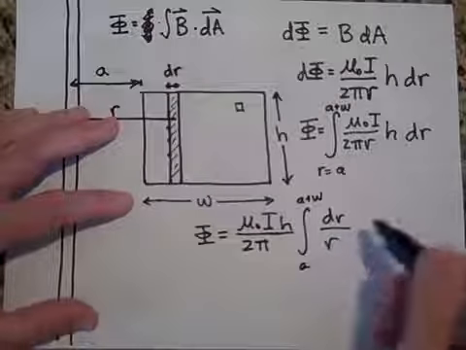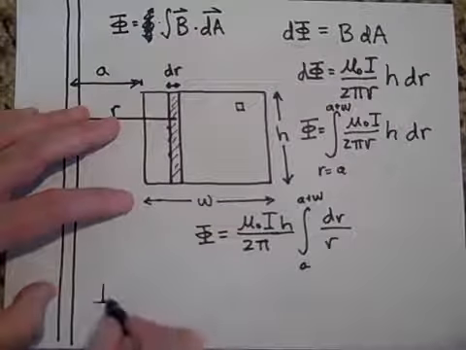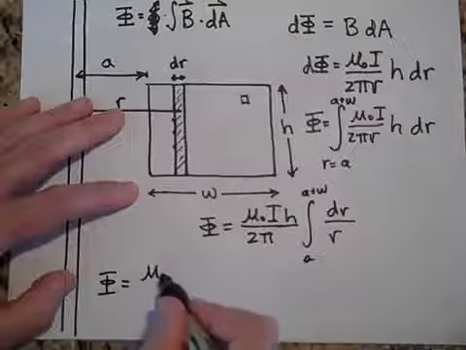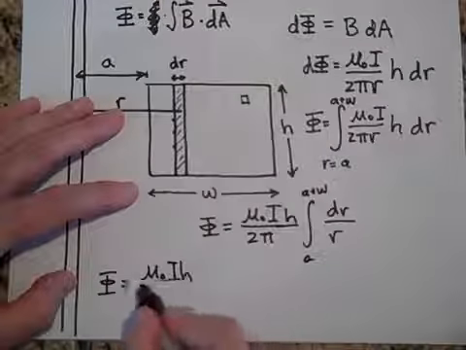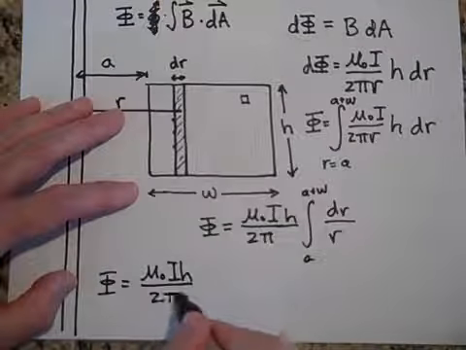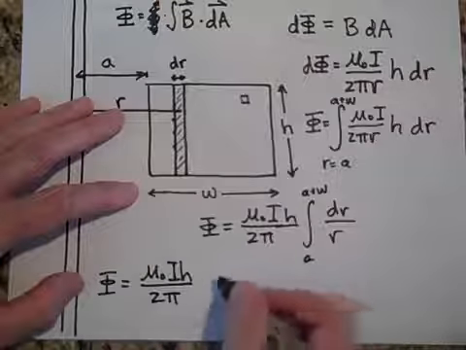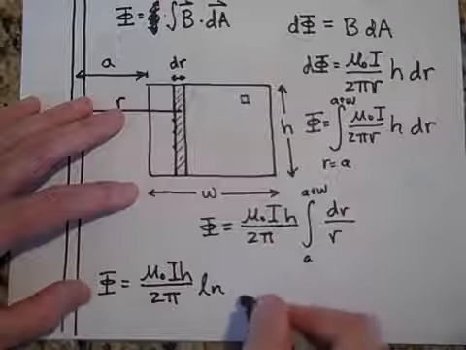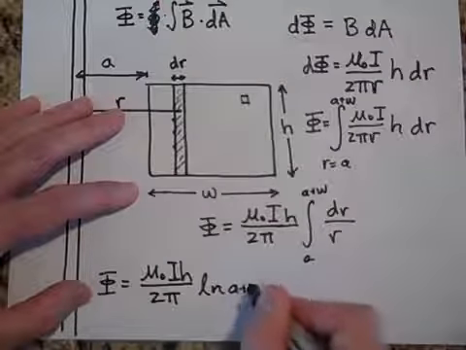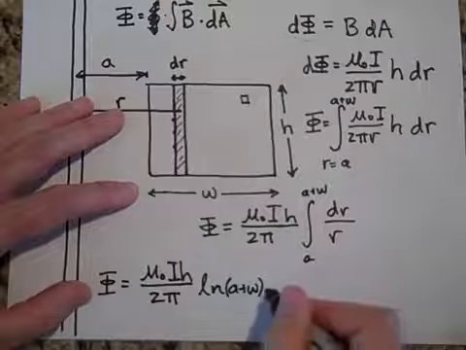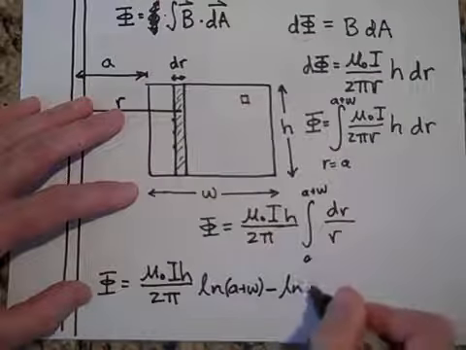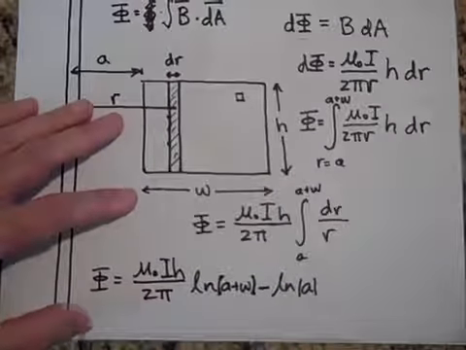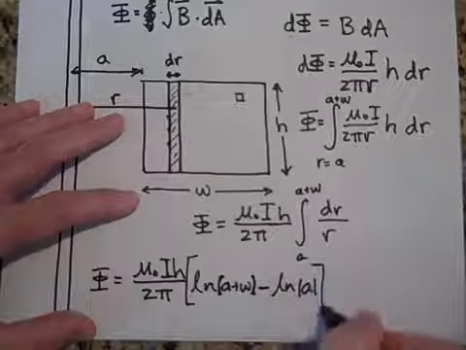So the total flux is going to equal mu naught I h over 2 pi times the natural log of the absolute value of a plus w, minus the natural log of the absolute value of a.